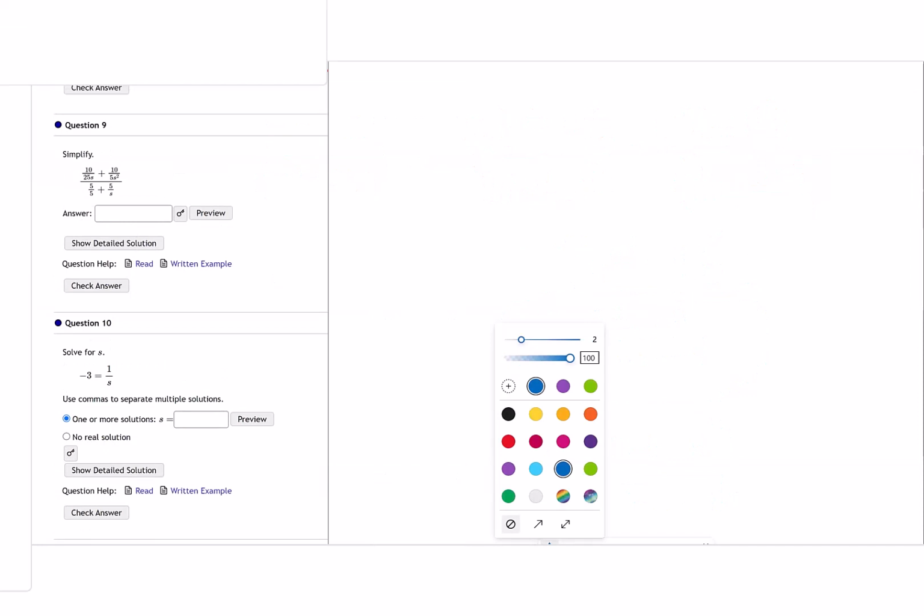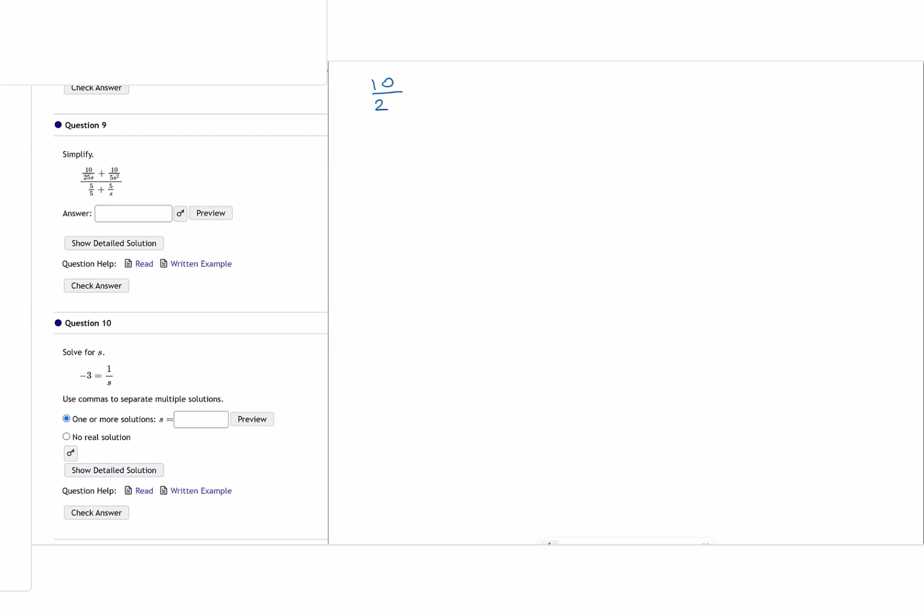Either way. Number 9, 10 divided by 25s plus 10 divided by 5s squared. That's in the numerator. In the denominator, I have 5 divided by 5 plus 5 divided by s. Now, what I want to do first here is simplify whenever it looks like it's convenient.